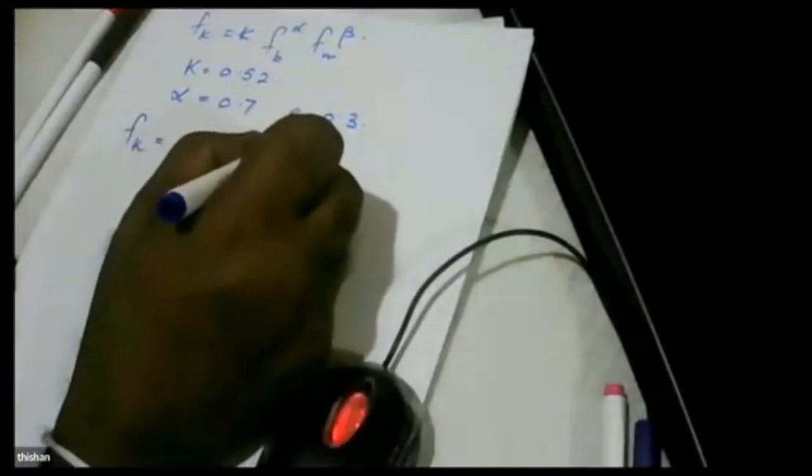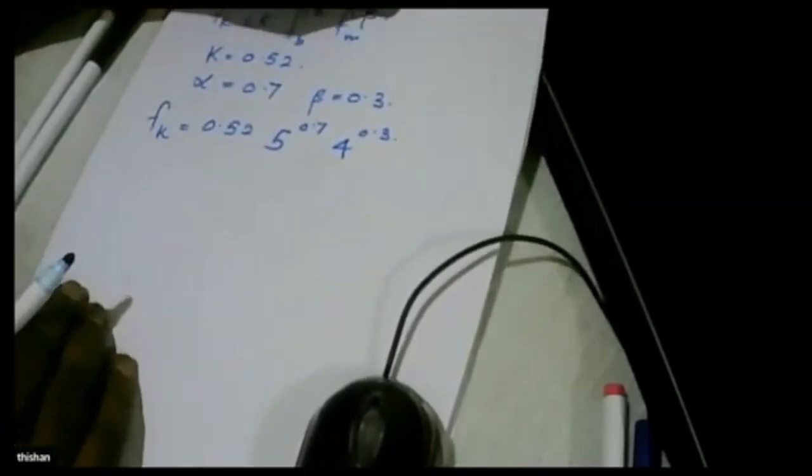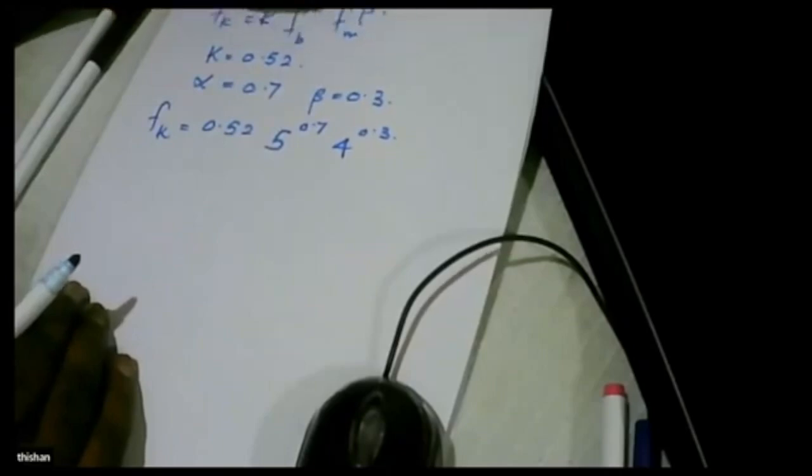So if I stop share, now you can see the characteristic compressive strength of masonry is going to be 0.5 times 5 to the power 0.7, 4 to the power 0.3. I'm assuming that we are going to use 5 megapascal crushing strength blocks. That is practically possible to manufacture in Sri Lanka. It's possible to purchase as well.